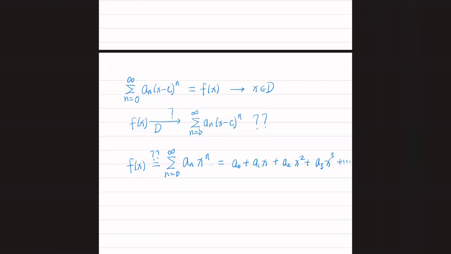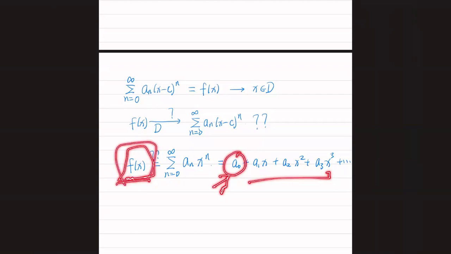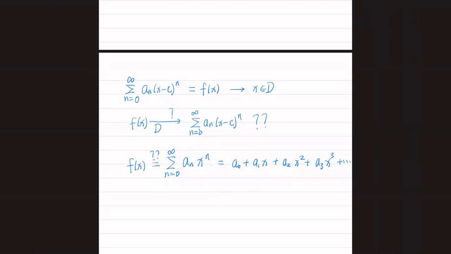How do we find these coefficients? Let's do them one by one. How do we find A0, using the function? The function is given. Now we want to find a power series for this function. If we want to find A0, we can just set x to be 0.